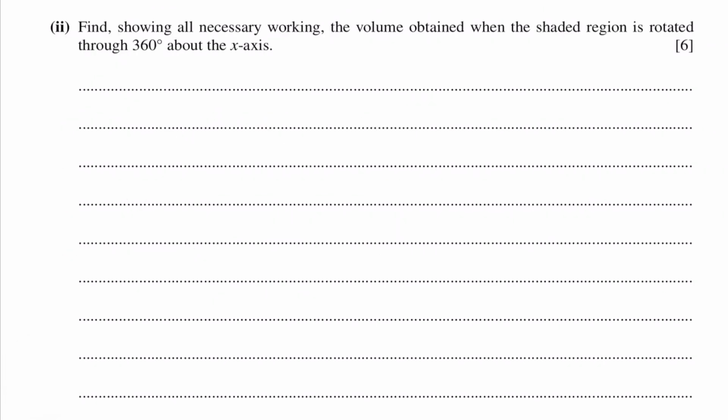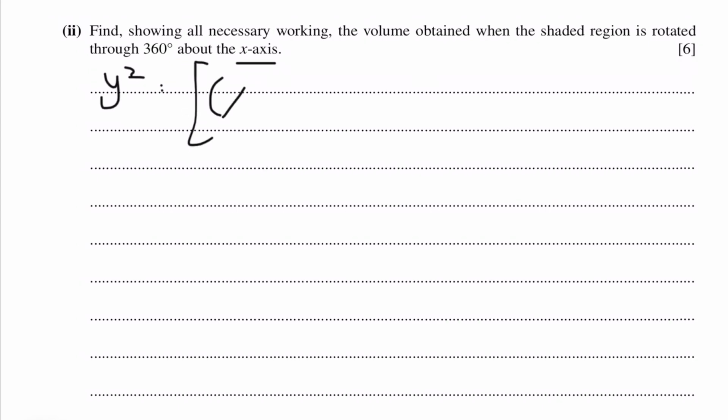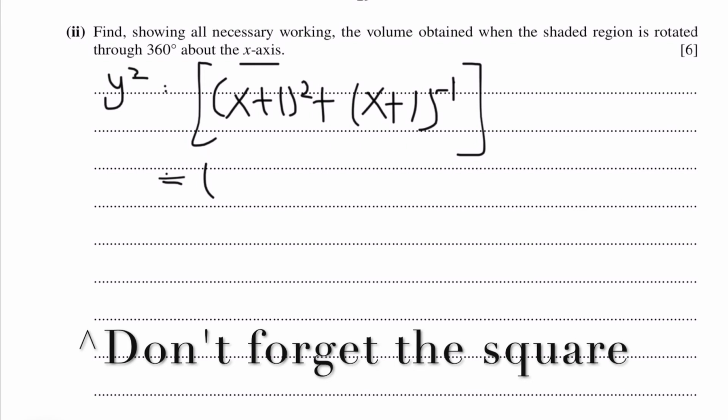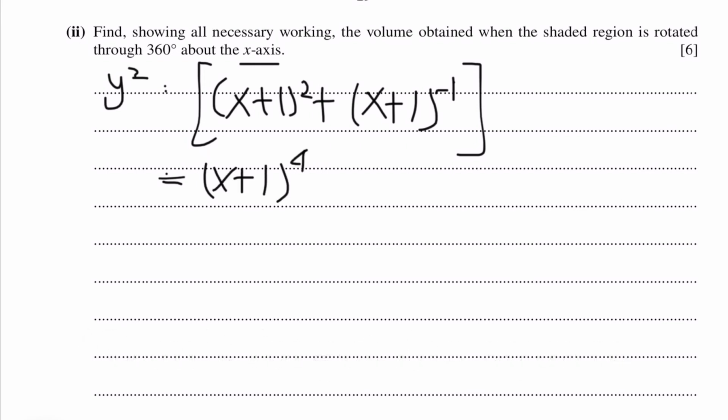Find, showing all necessary working, the volume obtained when the shaded region is rotated through 360 degrees about the x-axis. Since it's about the x-axis, you have to find the y squared. So y squared is this, which will give you x plus 1 to the power of 4 plus 2x plus 1 plus x plus 1 to the power of negative 2.